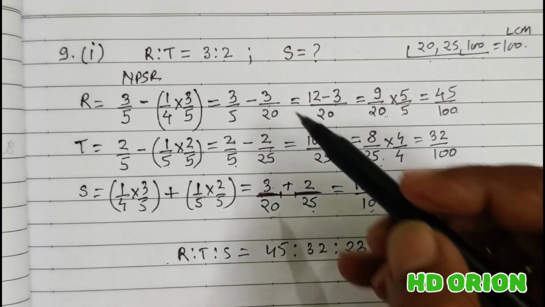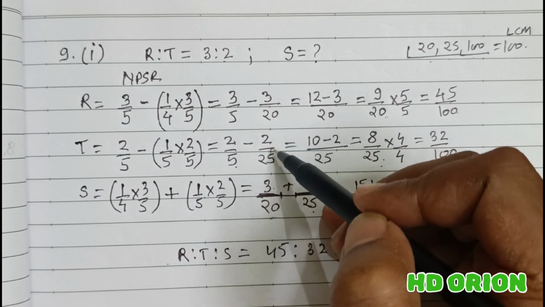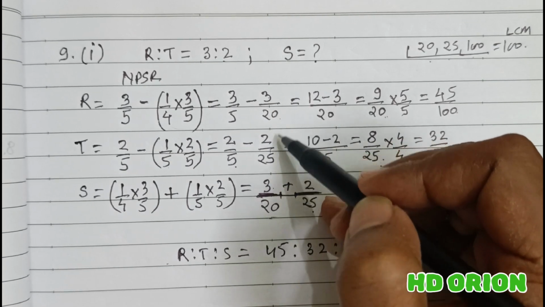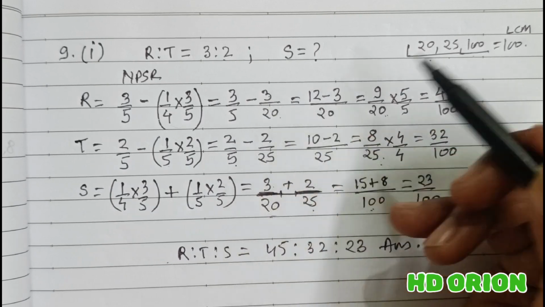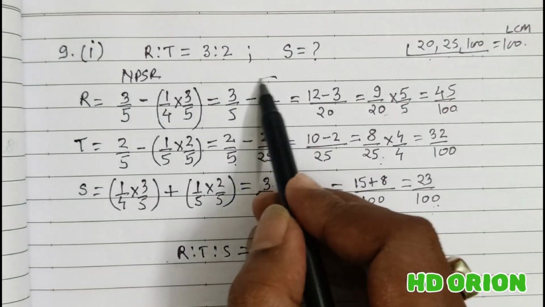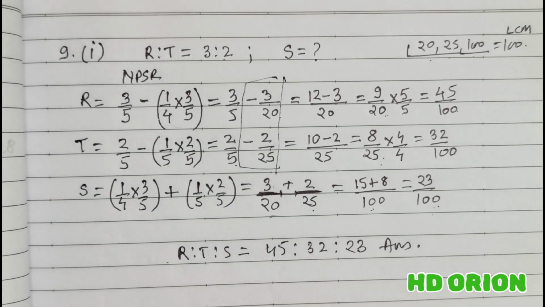But what is the sacrificing ratio? Sacrificing ratio is 3 by 20 is to 2 by 25. You can take out the LCM here and make the calculations to find out the sacrificing ratio. So this is where the sacrificing ratio you have to see and calculate.